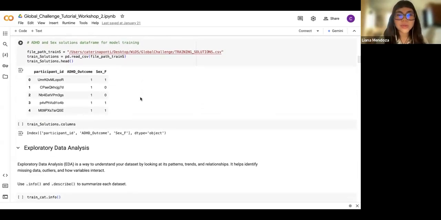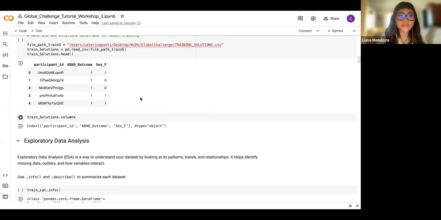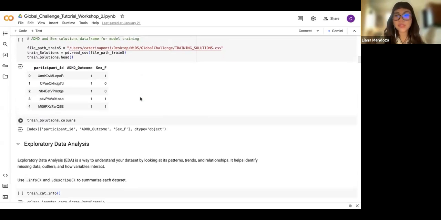And then lastly, this is the solutions data sets which contain our target variables. Again, Kylie will also go further in depth regarding how we use these data sets and merge them with our feature variables, which are our quantitative, qualitative, and of course, our FCM data frame or functional connectivity matrices data frame.